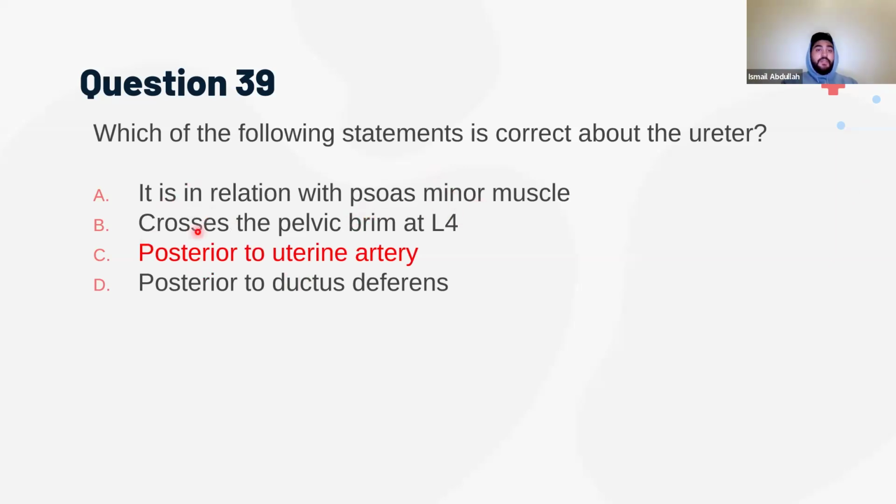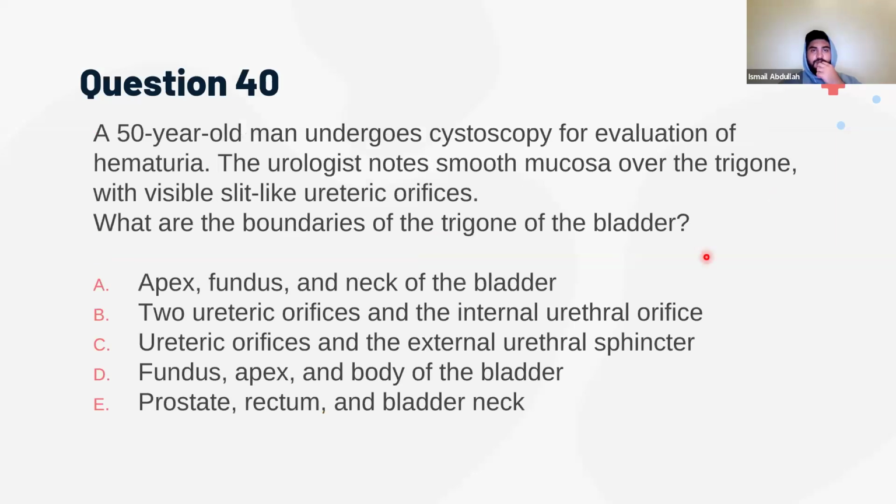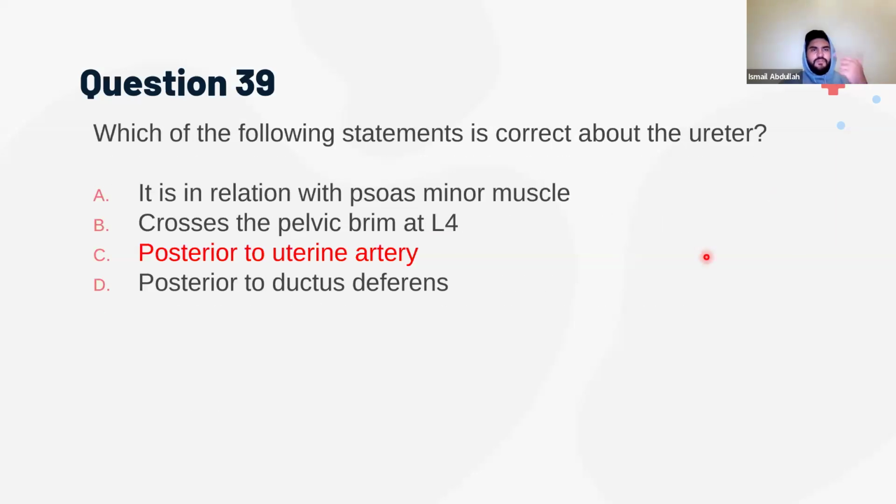B is wrong because it does not cross at L4. It crosses nearby to L4, to be exact, at the sacroiliac joint. That's when it crosses the pelvic brim. And it's not posterior to the ductus deferens, it's inferior to it. I think I have a picture somewhere up front. But no, it's inferior. C is the only correct one. It's posterior to the uterine artery.